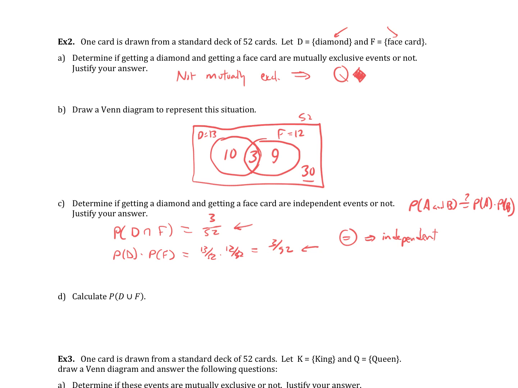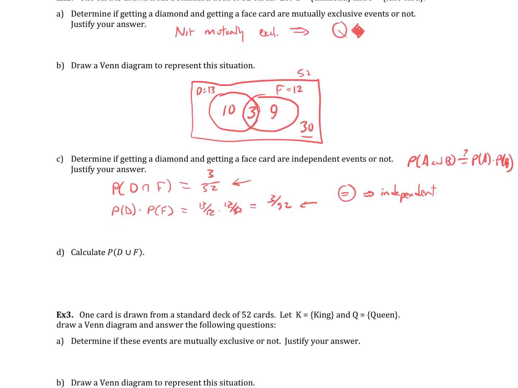Does that have any influence? Is that independent from your prediction about whether or not it's a diamond? Just because I say it's a face card, are you more excited or less excited about it being a diamond? No, because there's just as many diamonds among face cards as there are diamonds in the entire deck. In other words, those things are independent. Knowing it's a face card or knowing it's a diamond does not help you predict whether or not it's the other thing. So that's, I think, one of the best demonstrations of what independent means.